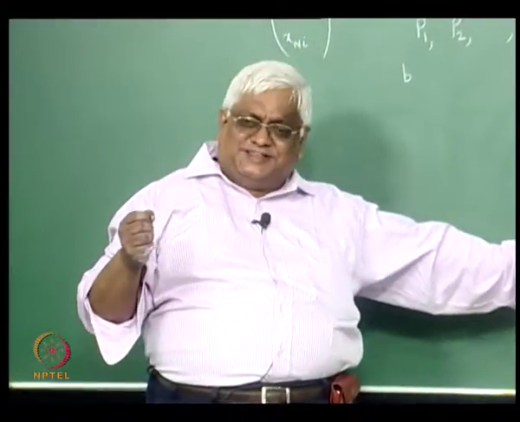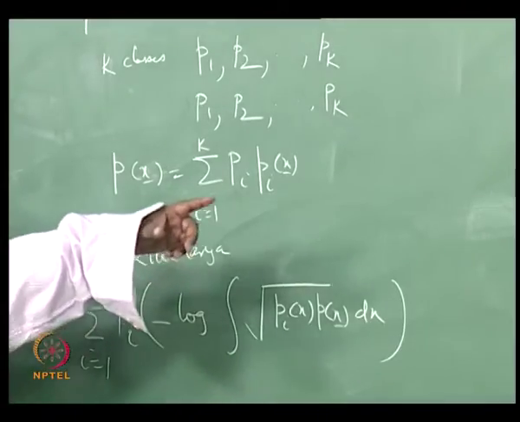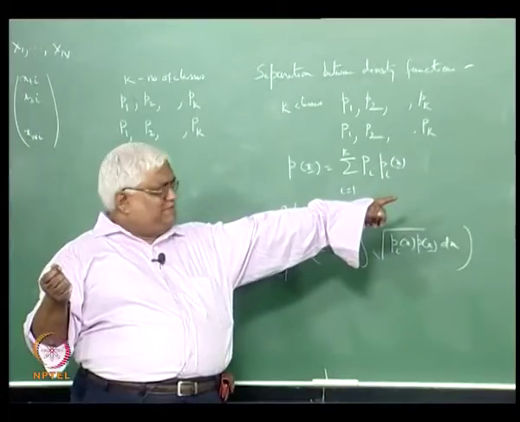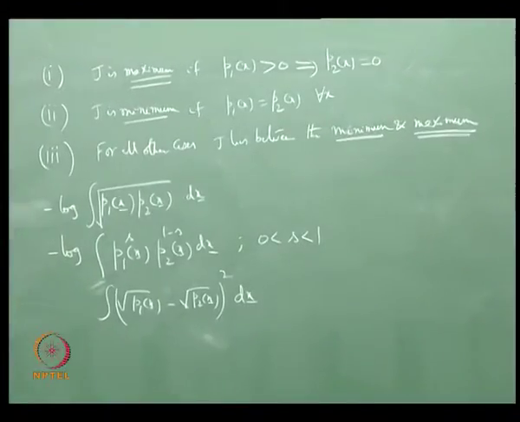Have you understood this? This is just the generalization of Bhattacharya distance, not for two classes but for k classes, taking the formula for the two classes and generalizing it for k classes here.